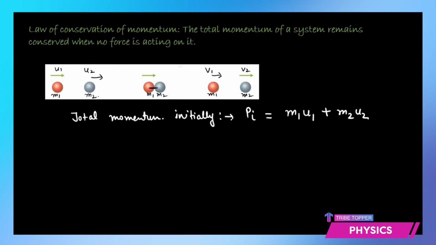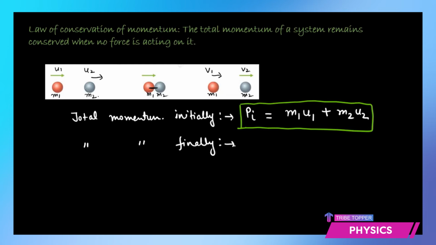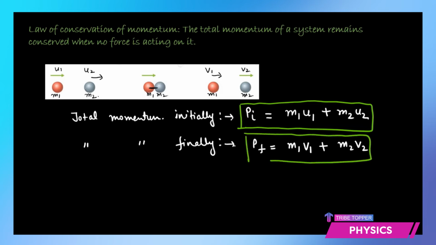This gives the total initial momentum of the system. Now the total momentum finally, after the collision has happened. Let me write it as Pf, equal to m1v1, because the velocities have changed from u1, u2 to v1, v2. So the total final momentum of the system is m1v1 plus m2v2.